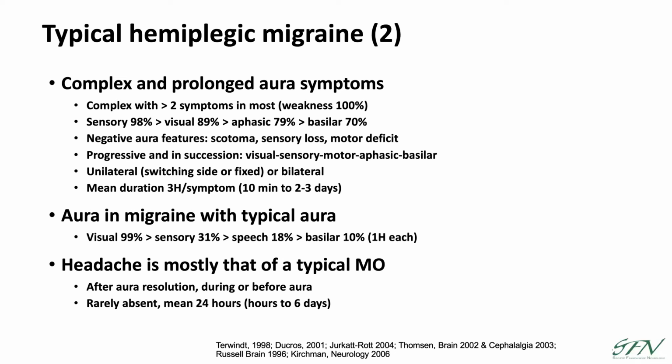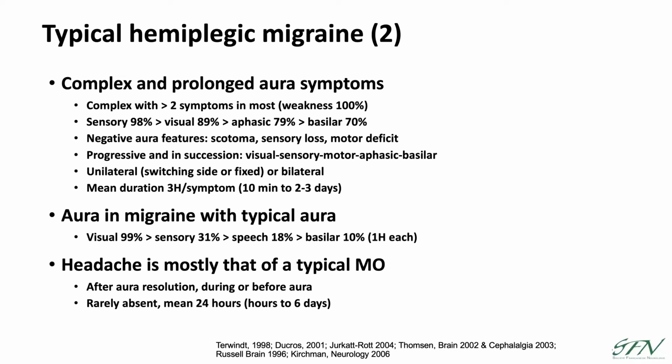So if you have an attack with a prolonged aura of 2 or 3 days of visual symptoms, speech disturbances, sensory loss, and paresis of the arm and the face, and if this is the case in each attack, it can be very frightening for the patient, for the family, and may induce a very poor quality of life if the attacks are frequent.